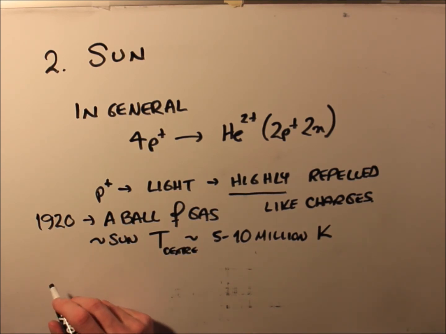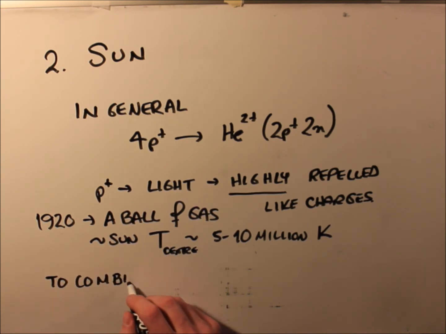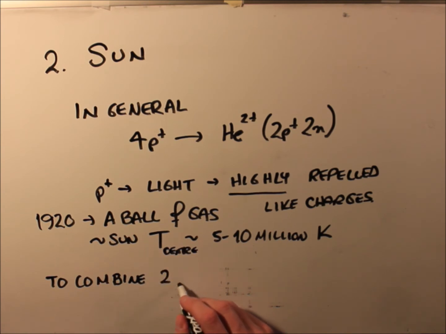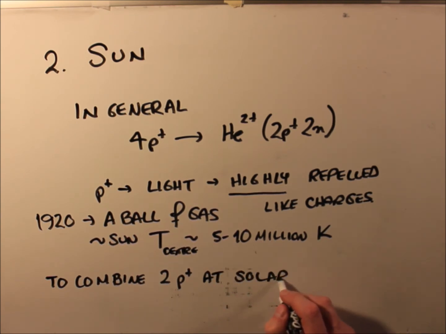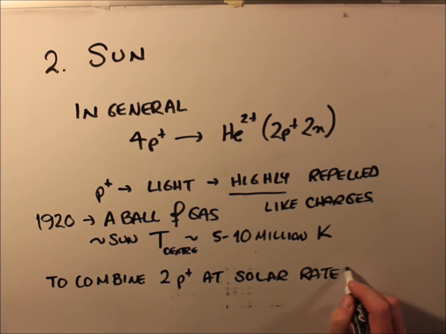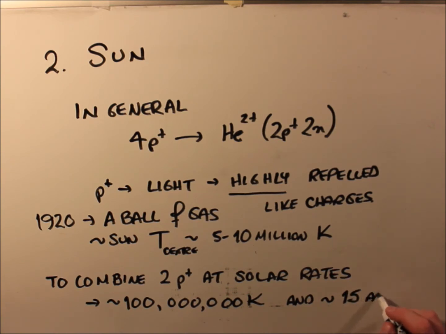However, to combine 2 protons at solar rates, we need to have 100 million Kelvin and perhaps 15 million atmospheres pressure.